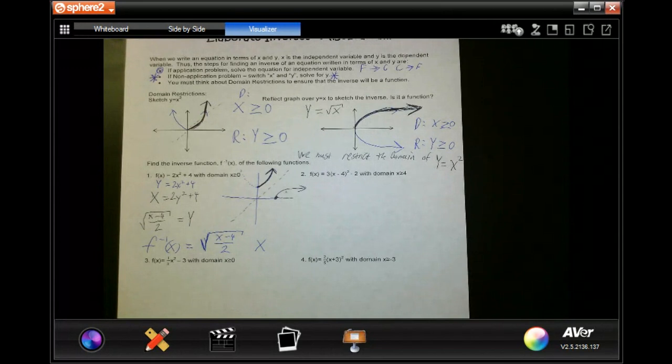Is the domain restriction x greater than or equal to 4? Everybody in? Two more? Is the restriction x greater than or equal to 4? Very good. Yes, it indeed is. Now, let's talk about why.